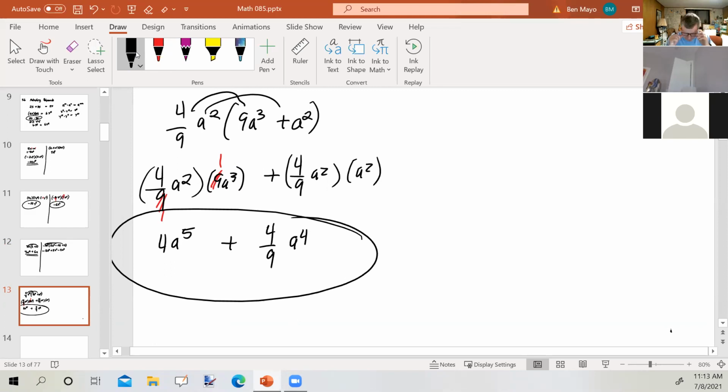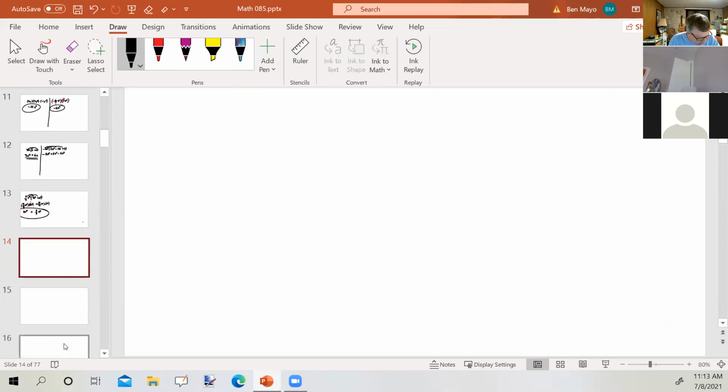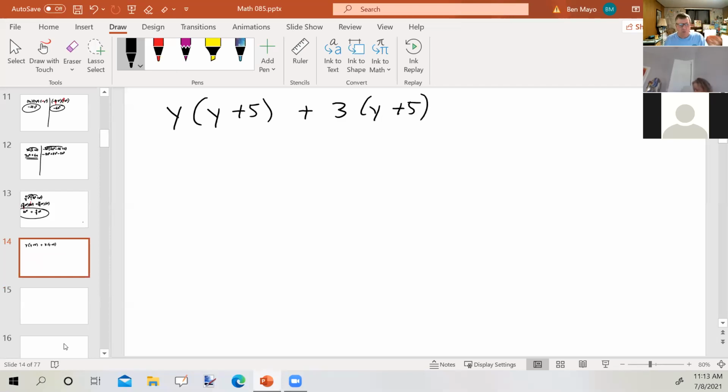All righty. So now we're going to expand this idea of the distributive property. Let's say we've got this. We've got y times the quantity y plus 5, and then plus 3 times the quantity y plus 5. So we're going to take y times y plus 5, and then 3 times y plus 5.